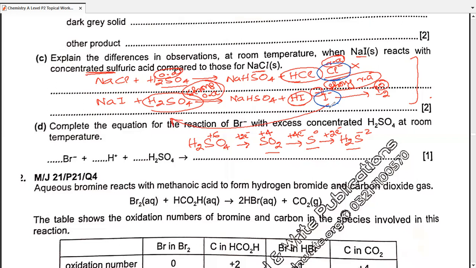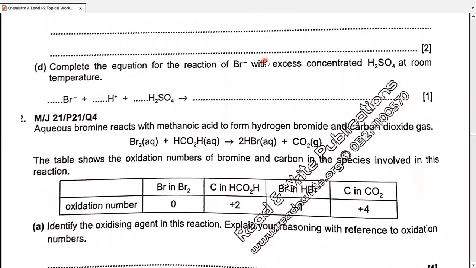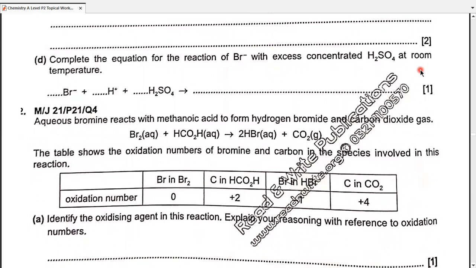Yes, sir. Good, good. If that clarifies it, part D. Complete the equation for the reaction of bromide ions with excess concentrated sulfuric acid at room temperature. 2Br minus plus 2H plus plus H2SO4 gives us Br2 plus SO2 plus 2H2O.